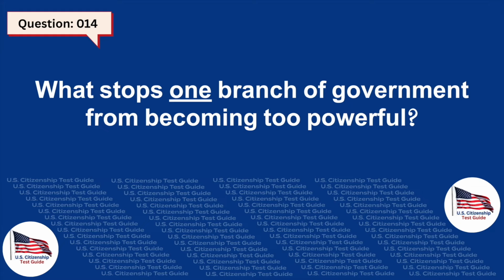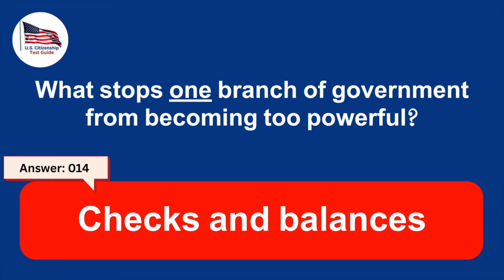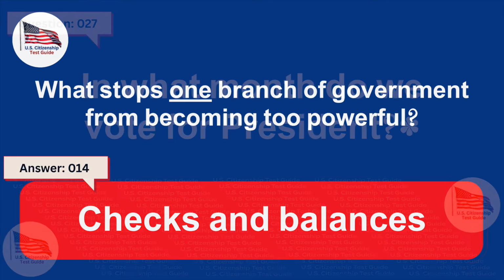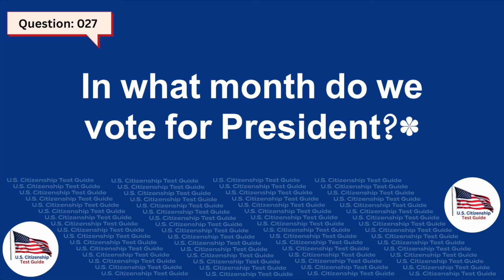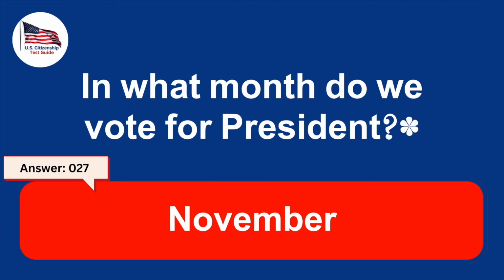What stops one branch of government from becoming too powerful? Checks and balances. In what month do we vote for president? November.